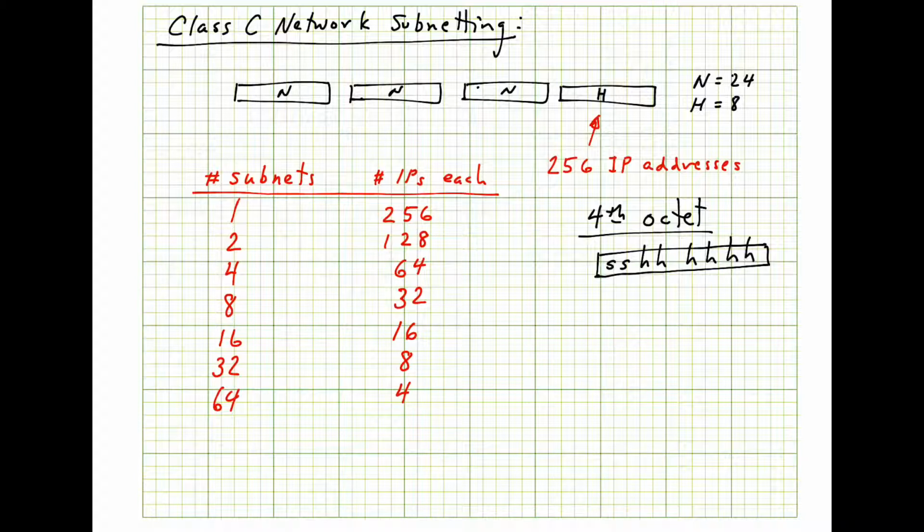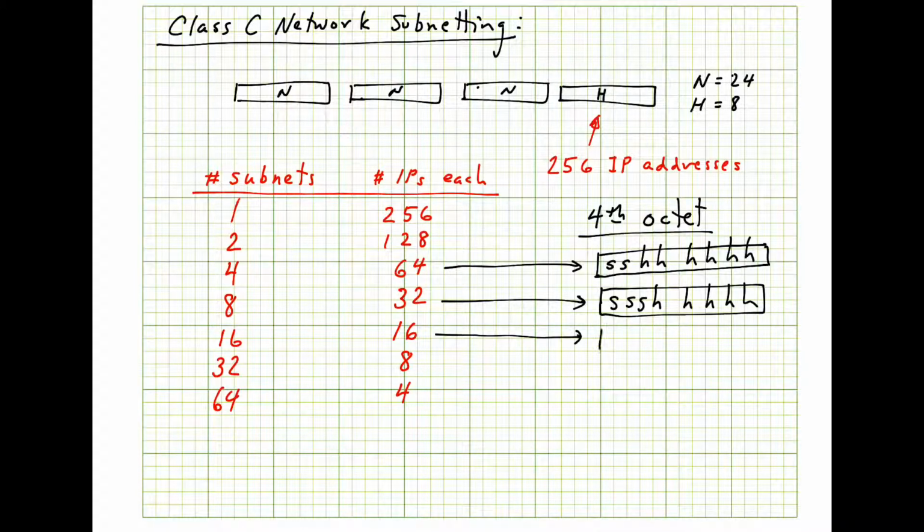What we're going to do is borrow host bits and turn them into subnet bits. And in this case, with 2 subnet bits, I can label 4 subnets. If I have 3 subnet bits and 5 host bits, I can label 8 subnets, and so on.